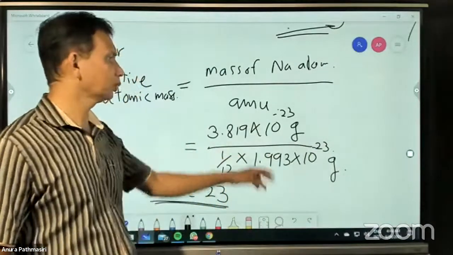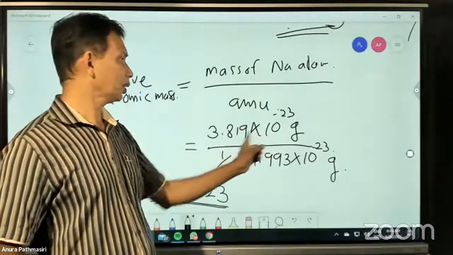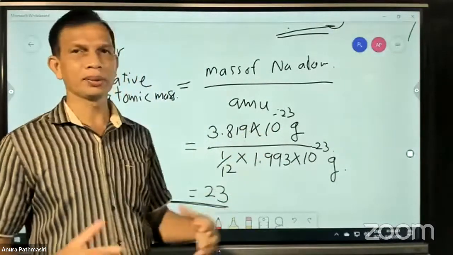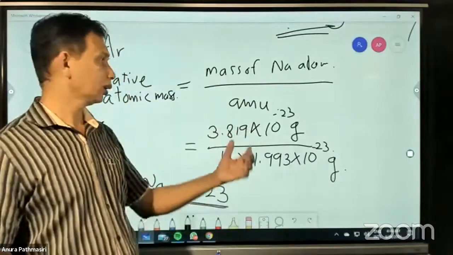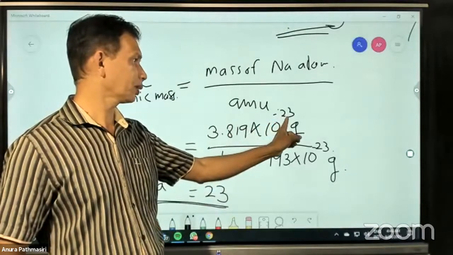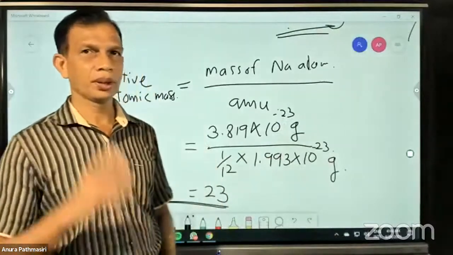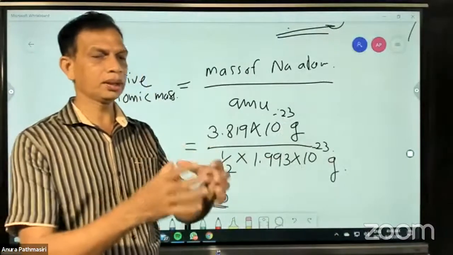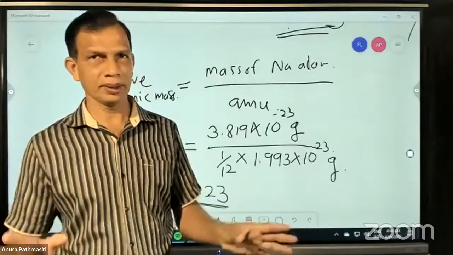If you work with grams and masses, as you can see, it's a big number. The decimals are very high. If you say minus 23 or negative 23, it's a big one. So if you have the relative value, then counting is pretty easy.